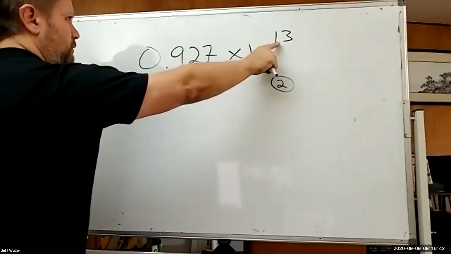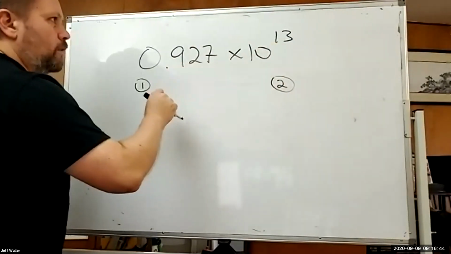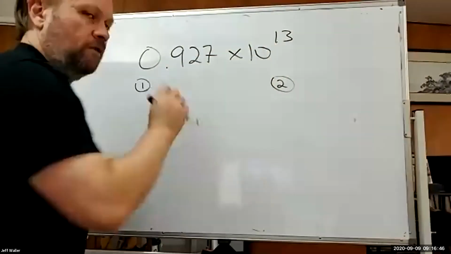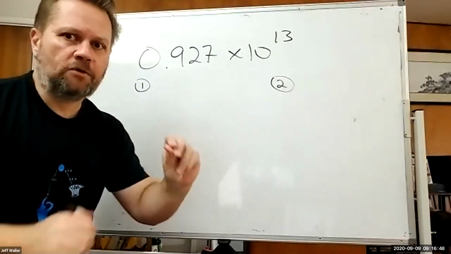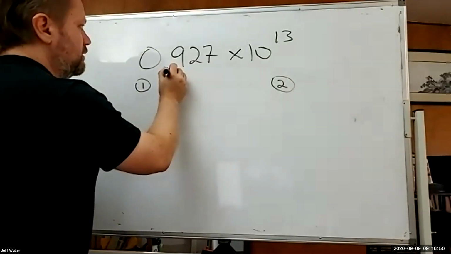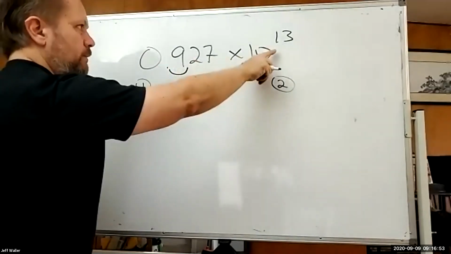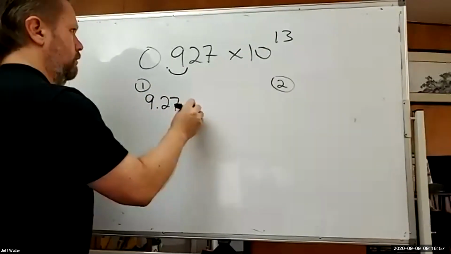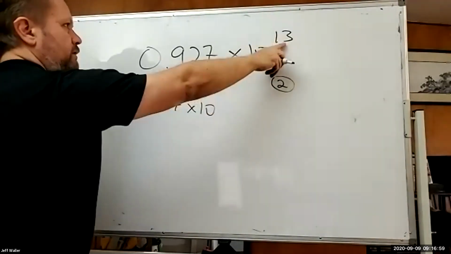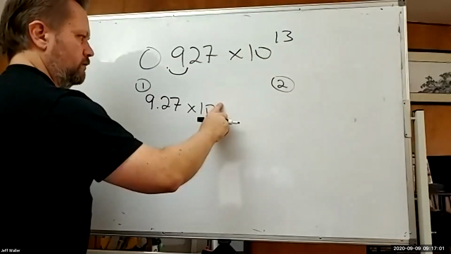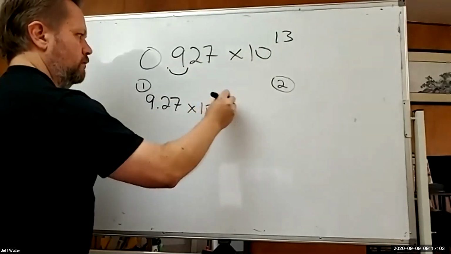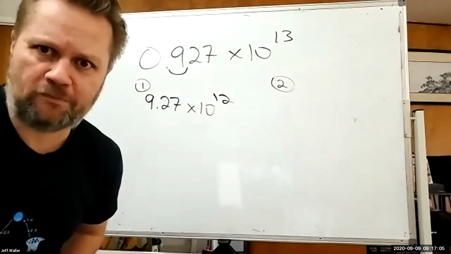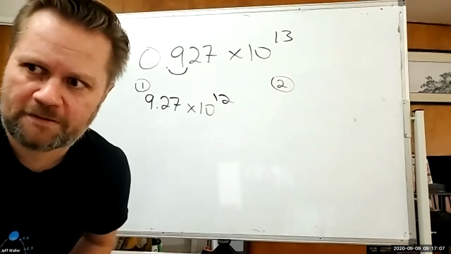How many times? It wants to move it 13 times. We have to move it once. So if I move this decimal once, have we done some of this guy's work? Yes. So now he doesn't have to move it 13. He only has to move it 12. I'm with you. I just want to make sure everybody else gets there.